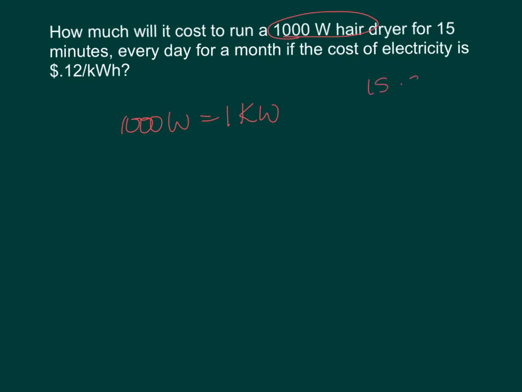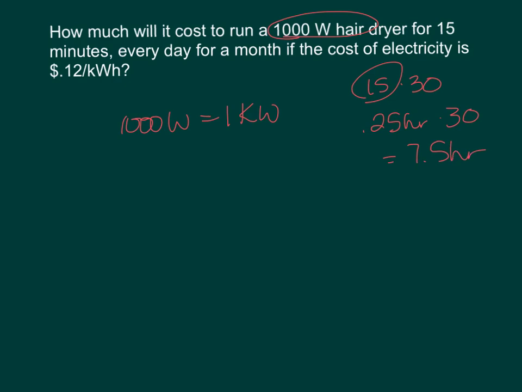So let's say there's 30 days in a month, but that's minutes. So let's change that to hours. 15 minutes is a quarter of an hour, so 0.25 hours times 30 days in a month. Okay? So that gives us how many hours we ran it. So we ran it for 7.5 hours the whole time.